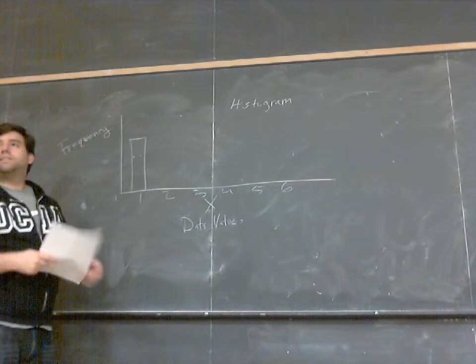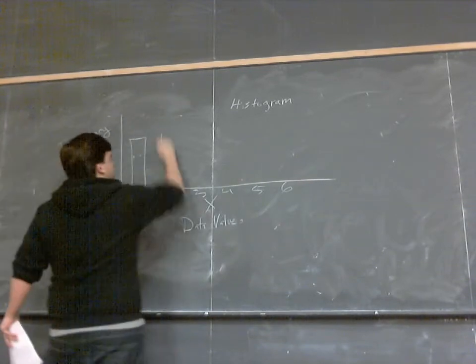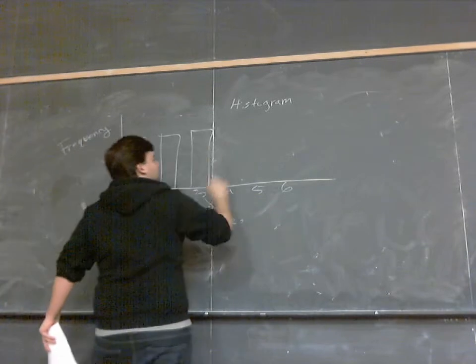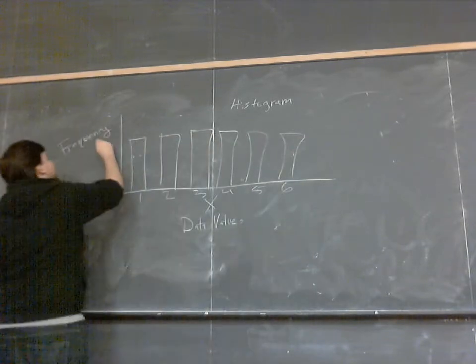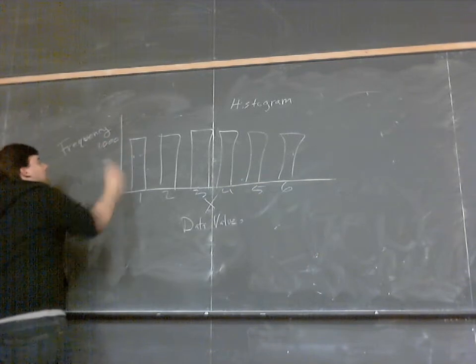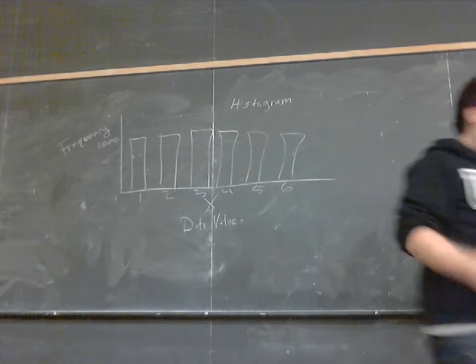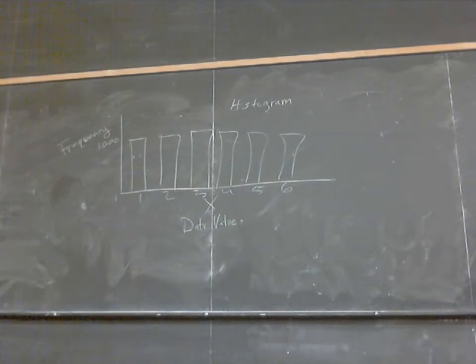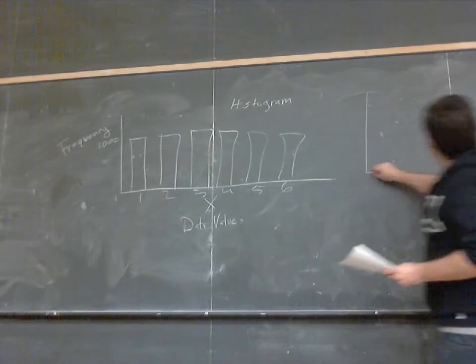So if I flip a dice 1,000 times, my dice should all be the same height. So let's say I flip it 6,000 times, then this would be 1,000. The height, just how often that occurred. When we're observing data with a histogram, we can notice different shapes in our distribution.